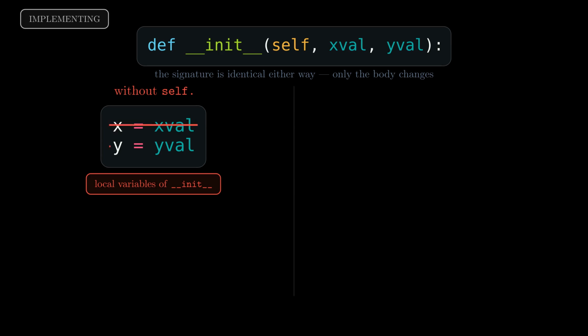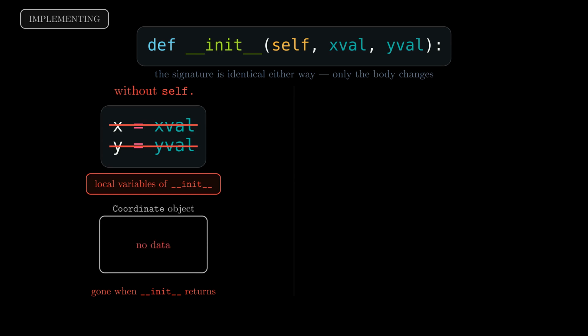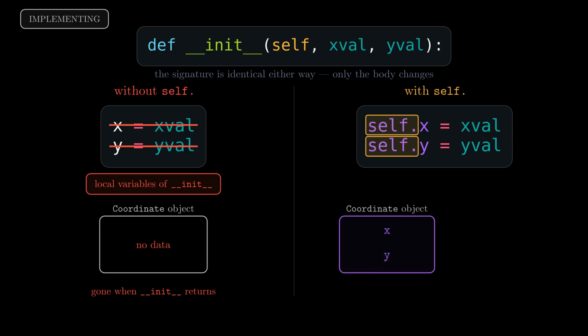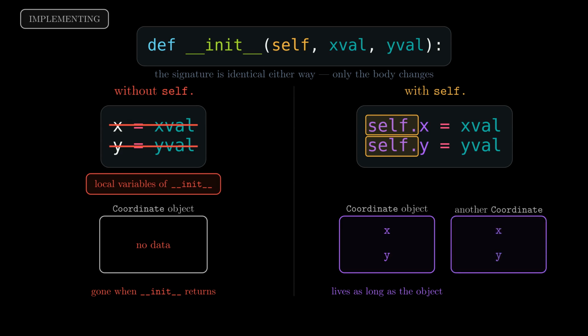The moment dunder init terminates, those variables are gone, and the values that were passed in vanish with them. The object would come out of its own constructor holding no data at all. Because the code instead writes self.x and self.y, the values are stored on the object itself, and they persist throughout the lifetime of the object once it is created. And the class will be used to build many objects over time. Every single object created from it carries its own x and its own y.